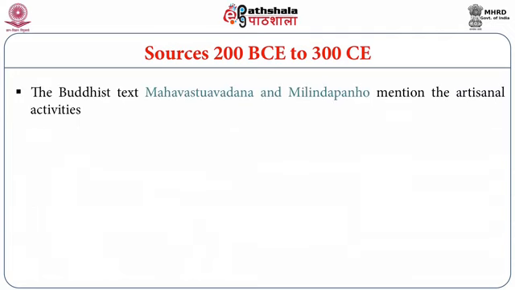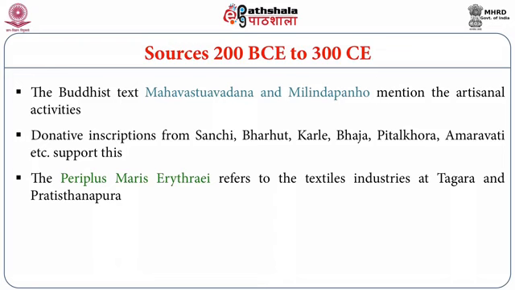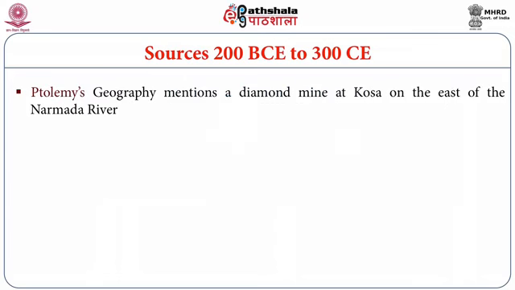The Buddhist texts Mahavastu Avadana and Milinda Panha mention artisanal activities. Donative inscriptions from Sanchi, Bharhut, Karla, Bhaja, Pitalkhora, Amaravati, etc. support this. The Periplus of the Erythraean Sea refers to the textile industries at Tagara and Pratishthanapura. Ptolemy's Geography mentions a diamond mine at Kosha on the east of the Narmada River.